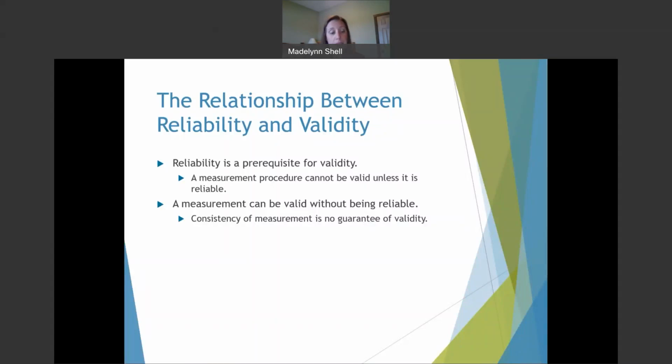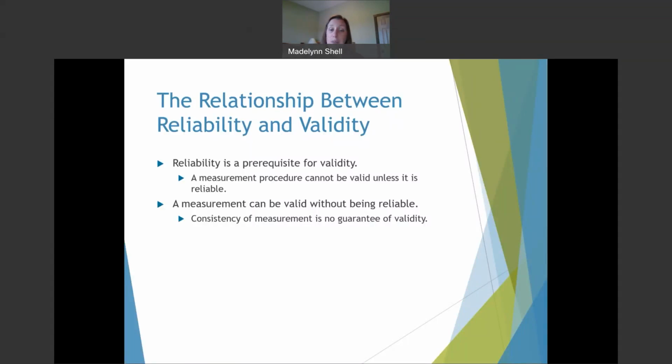So both reliability and validity are important. In general, we consider reliability a prerequisite for validity. You can't have a valid measure if it's not reliable. If you don't get the same response every single time, then it's not going to be a true response, right? Because reliability is about consistency, where validity is kind of about truth.